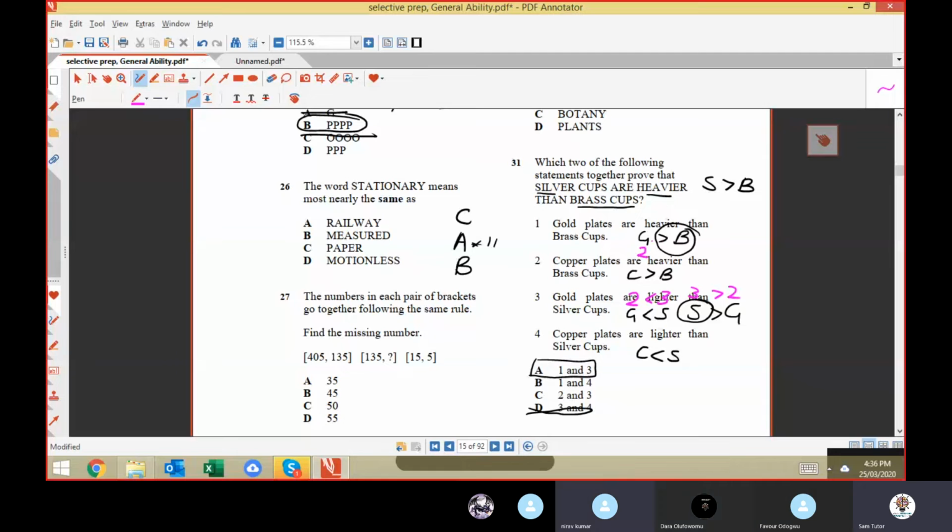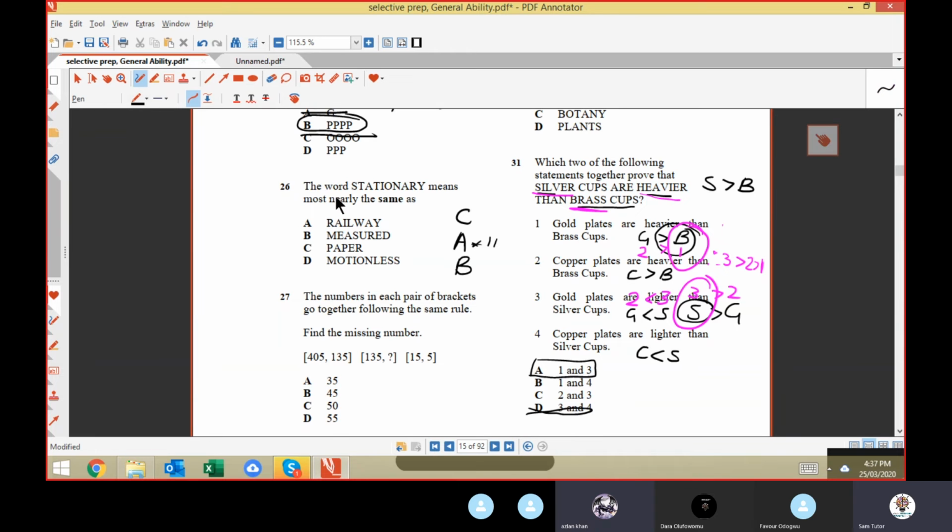But 2 is bigger than a number, let's say it's 1. That means 3, silver, must also be bigger than 2, which is bigger than 1. So silver, 3, must be bigger than brass, 1. Silver must be bigger than brass.